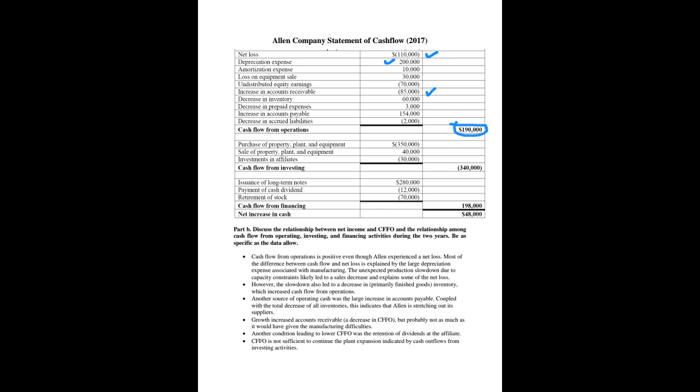So it was not enough for the company to make this investment of 350,000. Also the company wanted to make some additional investment. So because of these reasons, the company has borrowed a loan of 280,000 so that they can have positive cash flows for the years. Then another important piece of information is that the company has to satisfy its investors, or you can say meet the requirements of the investors, so the company has also given a dividend to its stockholders.